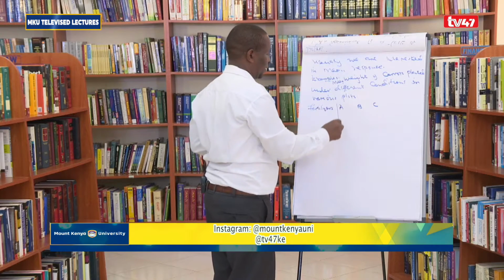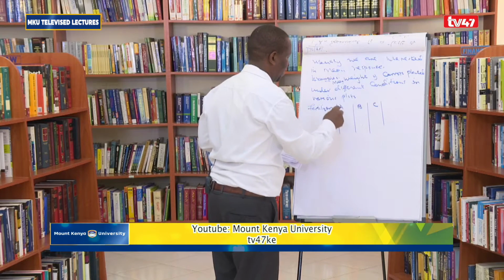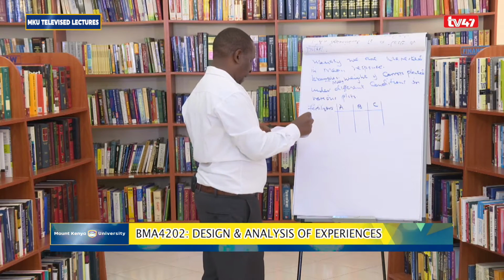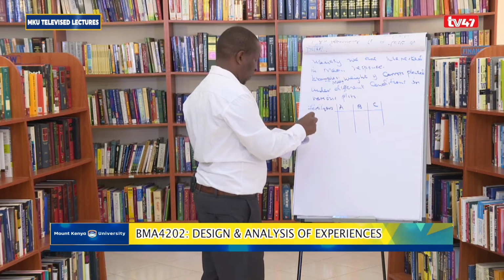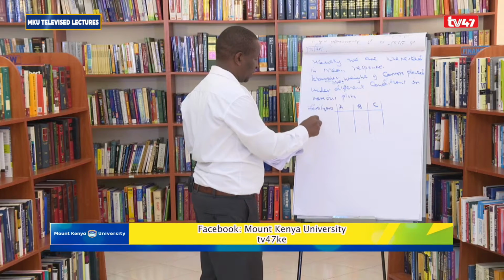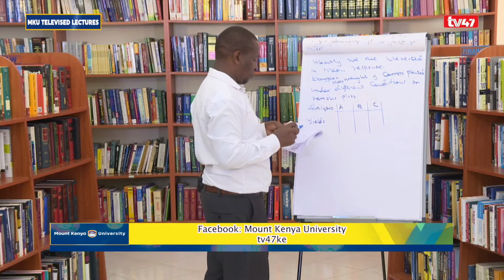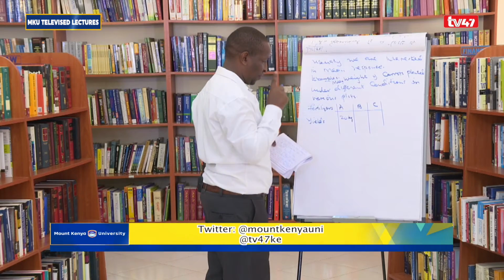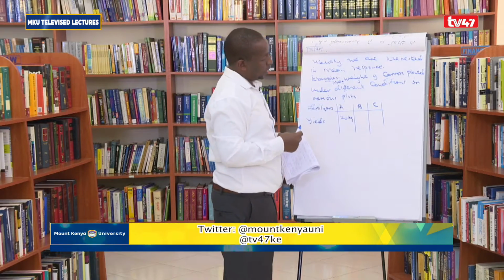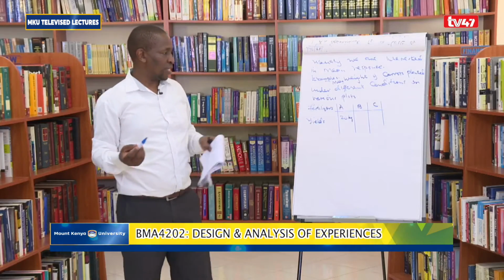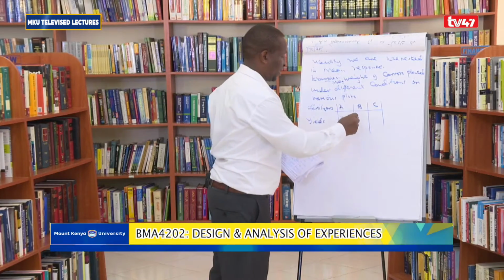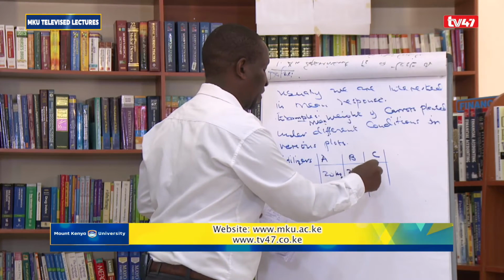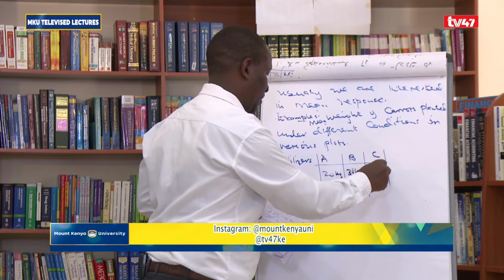We have 3 categories of fertilizers, A, B, C, and we have, say, the yield of carrots obtained from each of these plots where fertilizers were applied. The plots may be assumed to be of the same size, so that the only variable that is being observed here is the fertilizer itself, not the size of the plot.